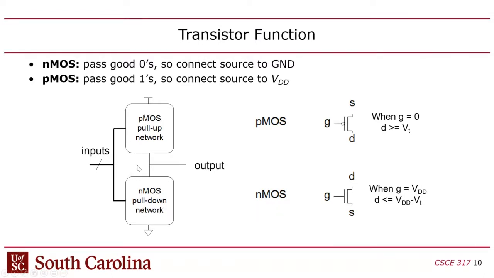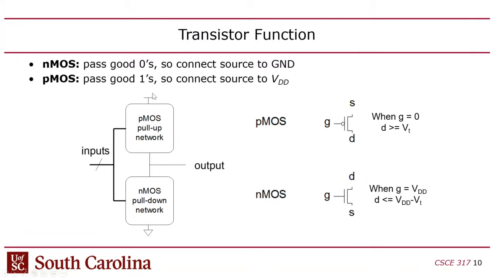The PMOS is the part of the gate that's going to connect the output to VDD if the output of your gate is 1. And the NMOS transistors are the part that are going to connect your output to ground if the output of the gate happens to be 0. Now, only one of the pull-up network and the pull-down network is supposed to be on at a time.